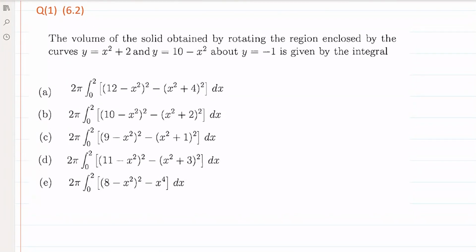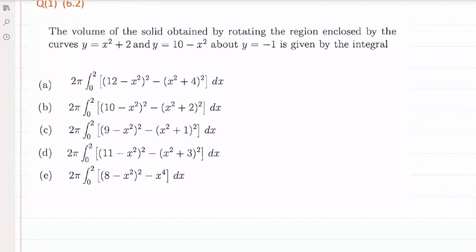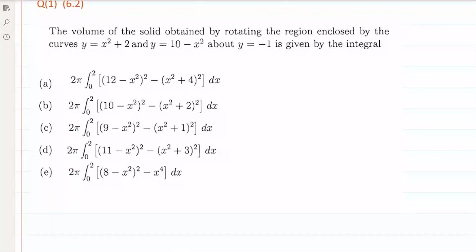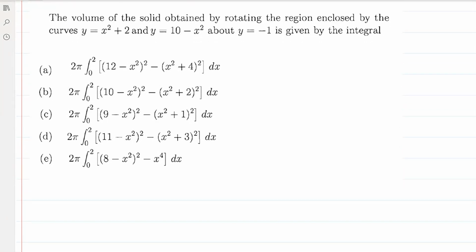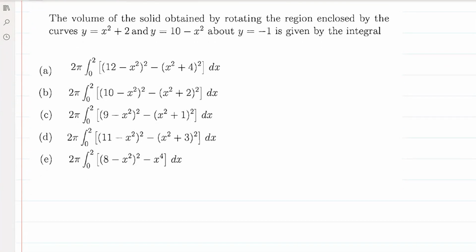This question number 1 is about section 6.2, and the disk method or washer method are the same thing, but the axis of revolution is either close to the region or far away. I will give you 3 minutes now to try to solve the first question, then we will discuss it together. You can start now.